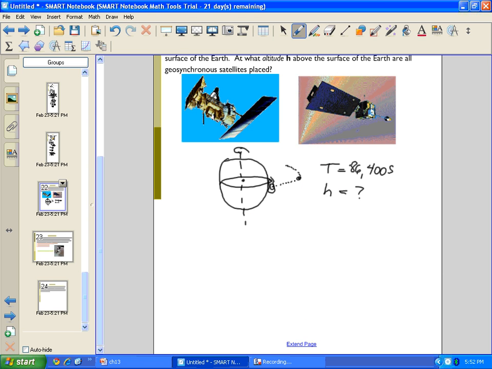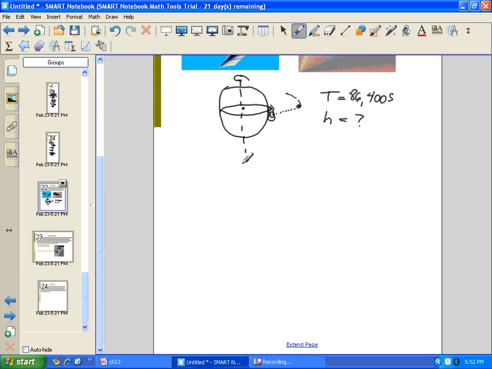Well, here again, the same familiar expression, except that we have to be careful once again that we're dealing with an R, which is the radius of the Earth plus the altitude of the satellite above the surface. So how about this? Before we even get H, let's try solving for R and then manipulate R so that we subtract out the radius of the Earth.